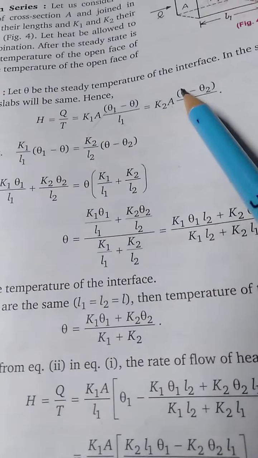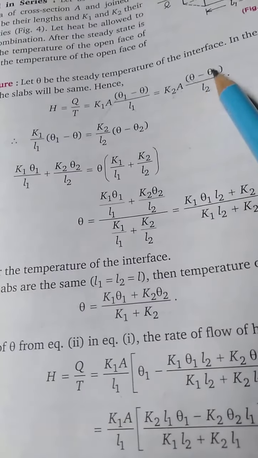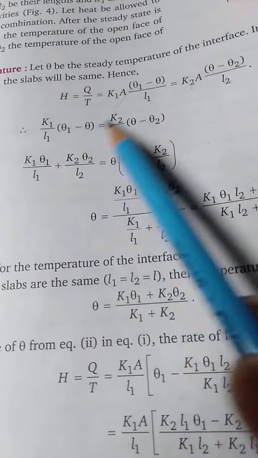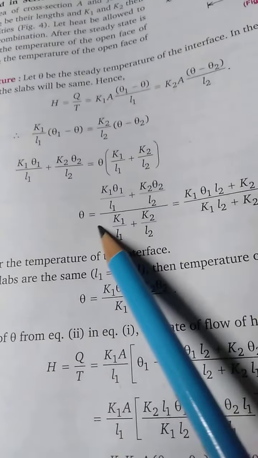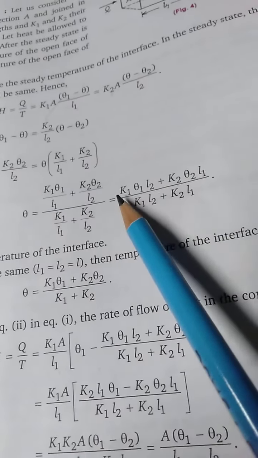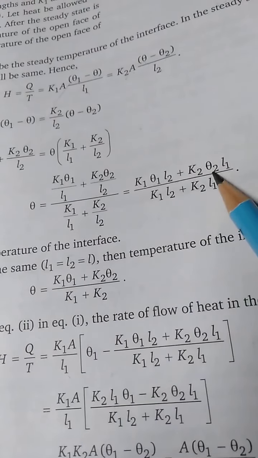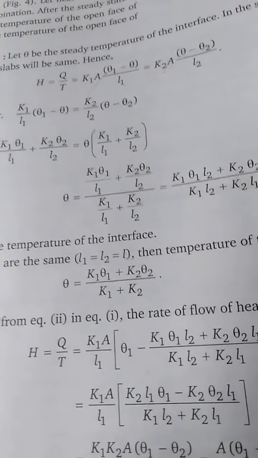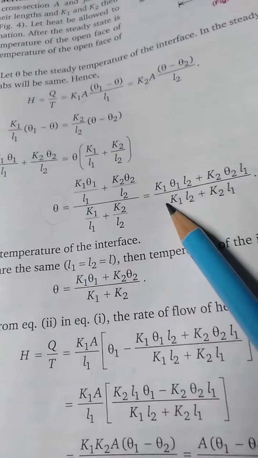A cancels because they are equal. After cancelling A, we get this expression, and if we multiply and solve it, you will get the value of theta as K1 theta 1 L2 plus K2 theta 2 L1 by K1 L2 plus K2 L1. So this is the formula for finding out the interface temperature.